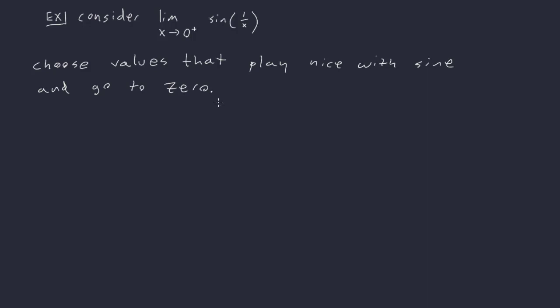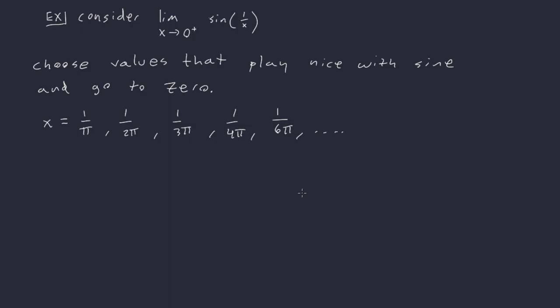So what values would play nice with sine? Well, anything with a pi in it, right? So let's say I'm going to let x be 1 over pi, 1 over 2 pi, 1 over 3 pi, 1 over 4 pi, etc. We'll just continue on in this manner.